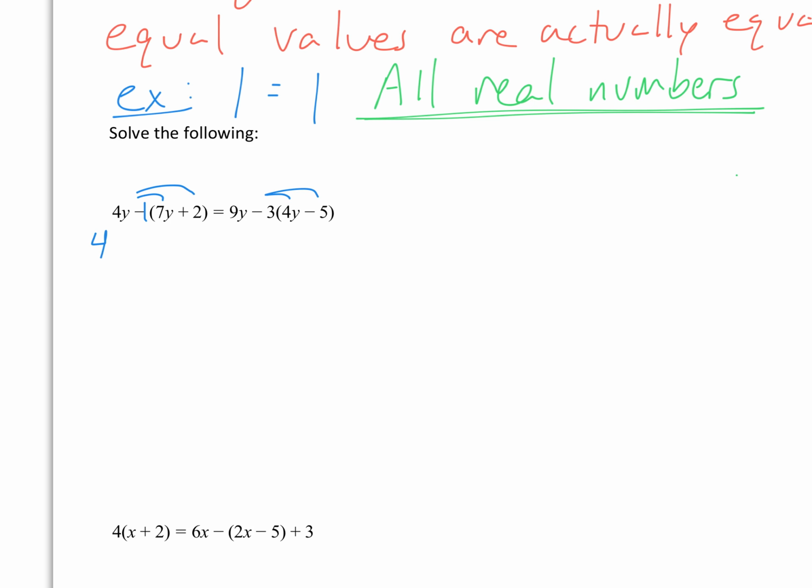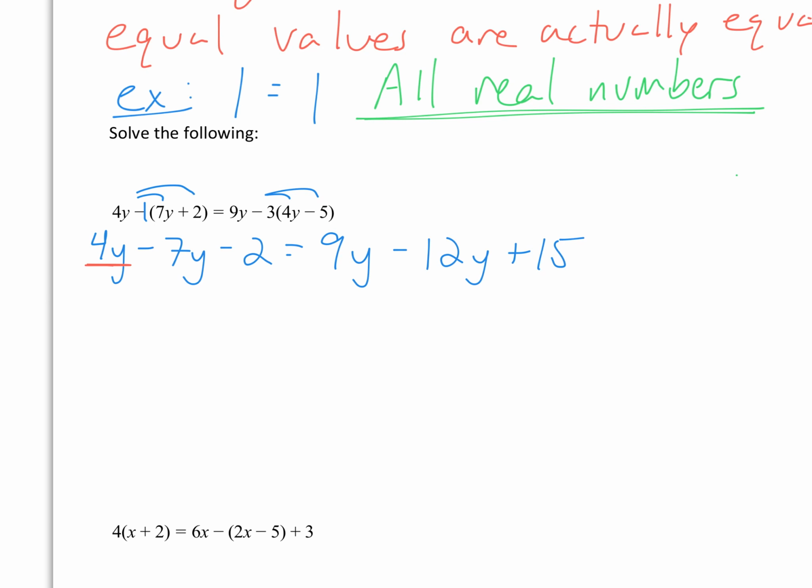So let's do both of those in this step. -1 times 7y is -7y. -1 times 2, -2. -3 times 4y is -12y. -3 times -5, +15.